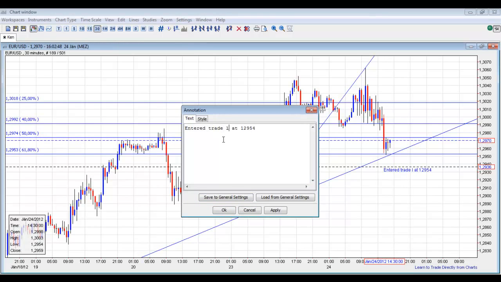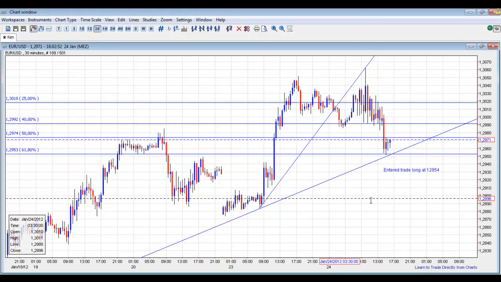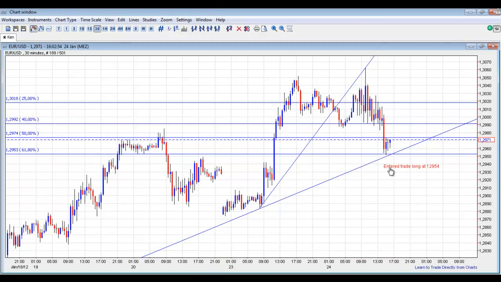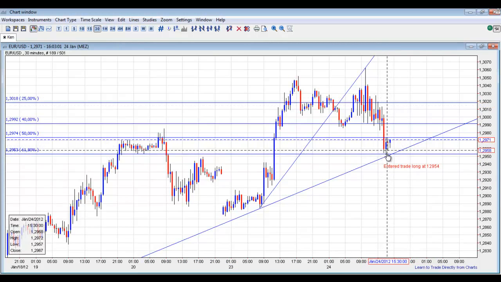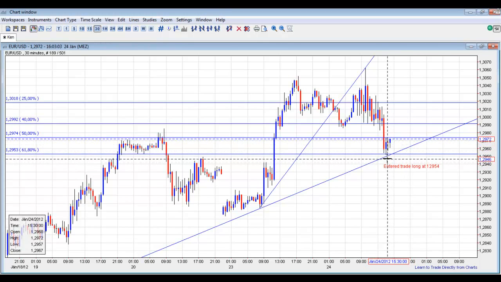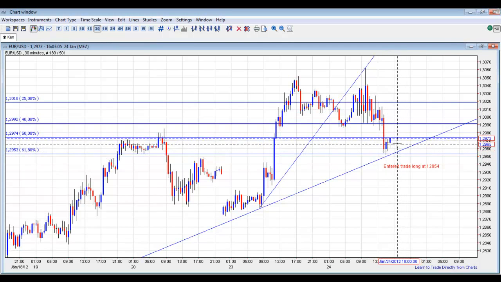Okay, so enter trade long at 1.2954. And the reason why we did it is because there was a confluence of two specific areas, and we felt this is a very, very strong area to hold support, and now we're seeing a bounce.